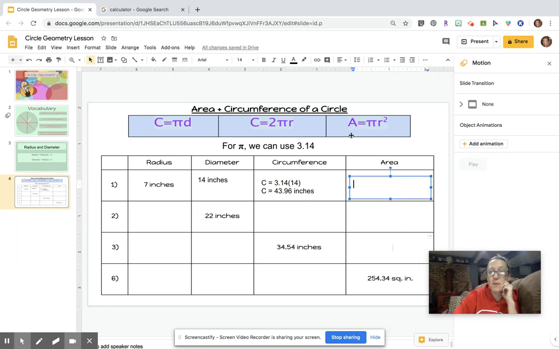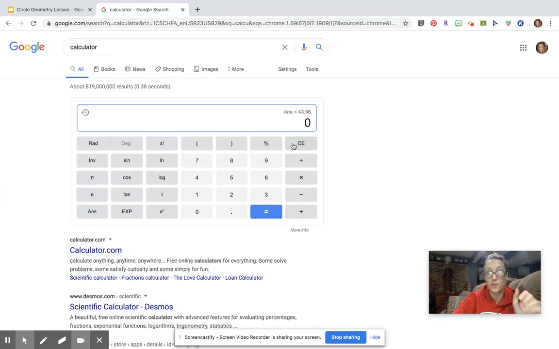Okay. Then I come to my area. My area formula, I'm looking right up here, is equal to pi, which I'm using 3.14, times r squared, radius squared. So what's my radius? It's 7. This does not mean 7 times 2. That to the second power means 7 times 7. And then I'm just popping that into my calculator.